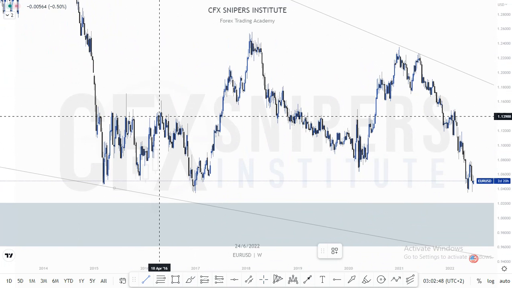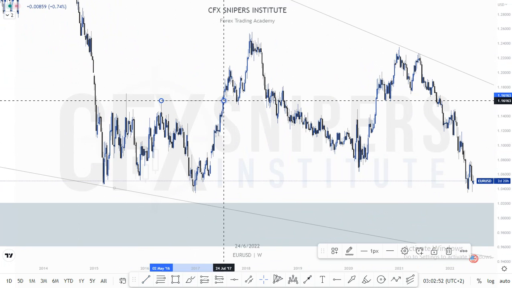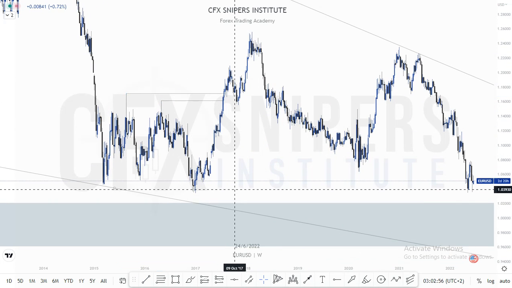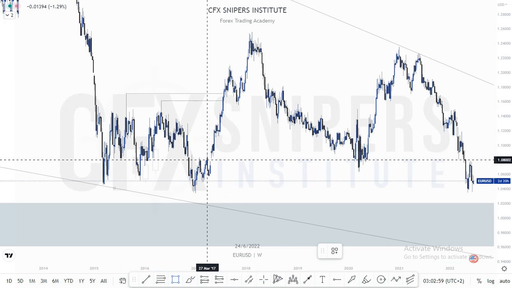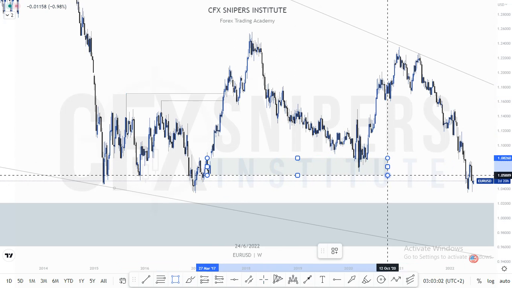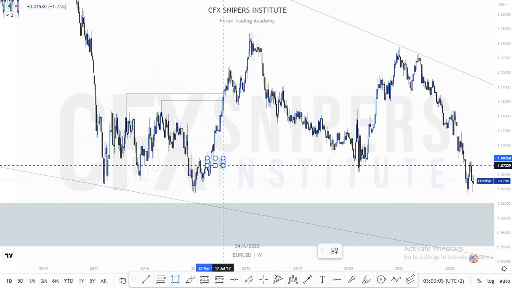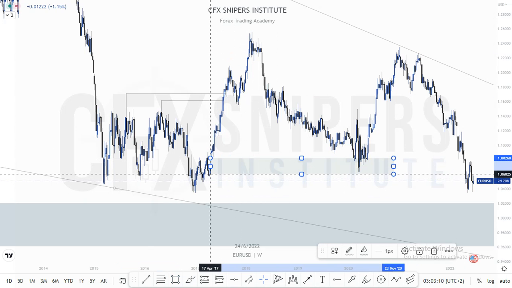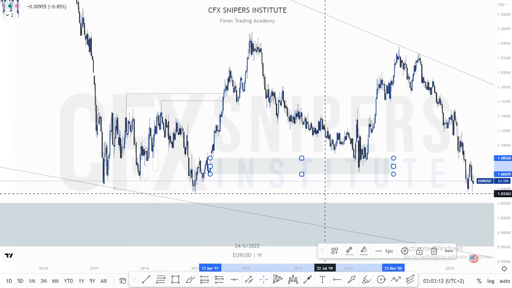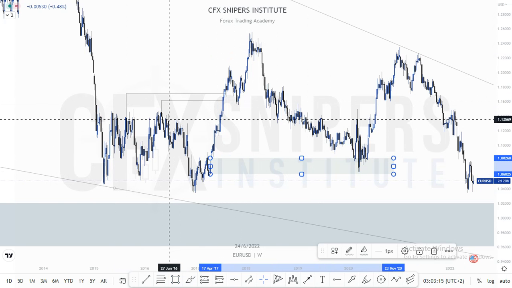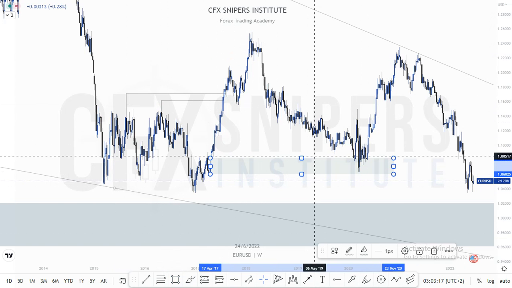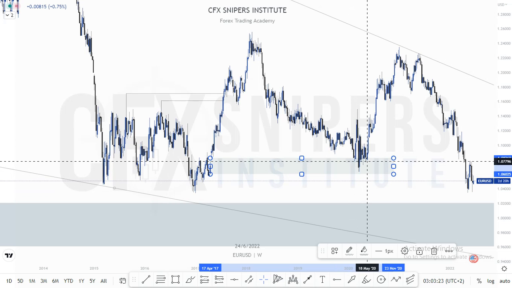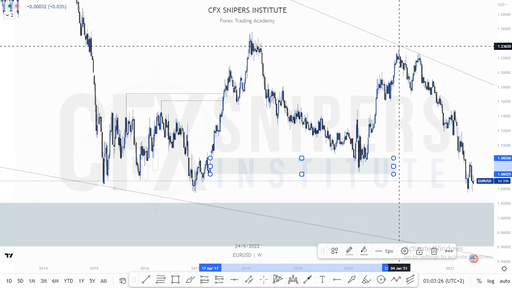This broke this high here, we broke this high here, so this makes this zone a valid demand zone. It's valid because it actually broke whatever zones we had on the left. So whenever the market comes back to tap here, we look for buys, and buys took you to the opposing zone as well.